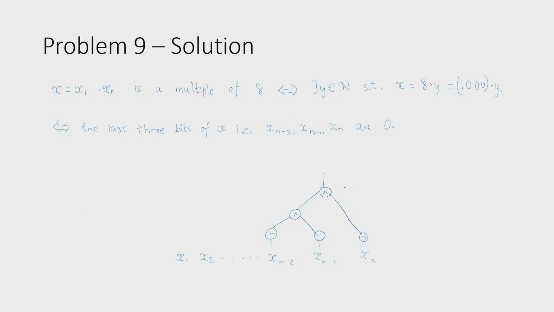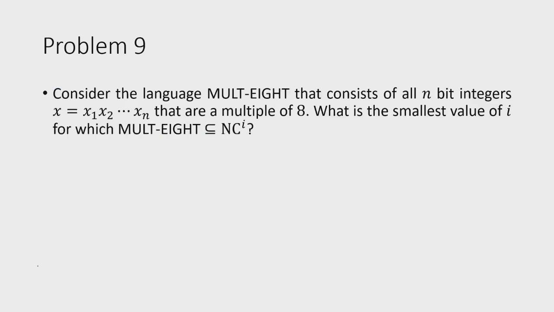So this is a very simple circuit that checks whether a number is divisible by 8, and the size of this circuit is clearly poly n, and its depth is what? Depending on how we define the length of a path, as the number of nodes or the number of edges, it's 2 or 3. So the depth is constant, the size is polynomial, so this means that the language is in NC to the i, sorry, NC to the 0. So the answer is 0.